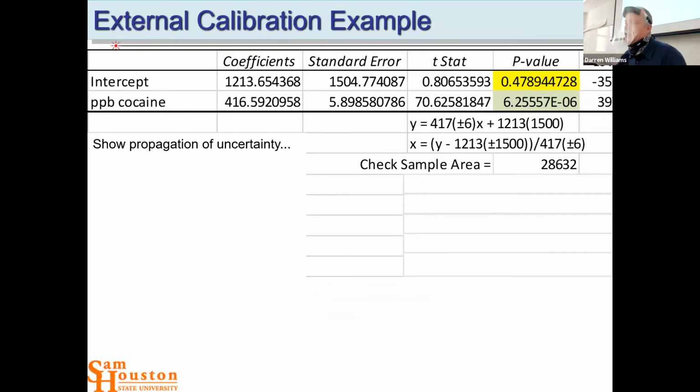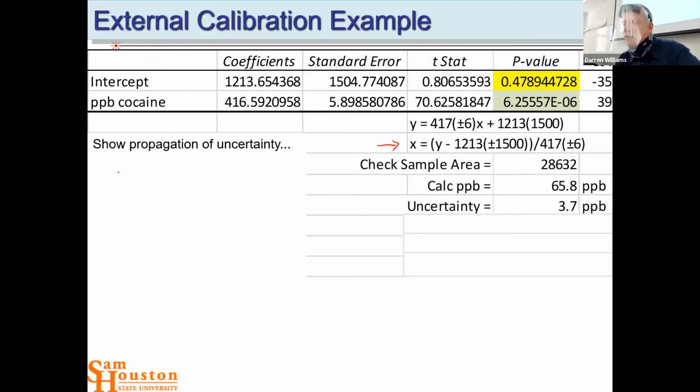So let's just show that propagation of uncertainty for that original model. Here we're solving for X. We have Y minus 1213 divided by 417. And we want to show where this uncertainty value comes from, this 3.7.